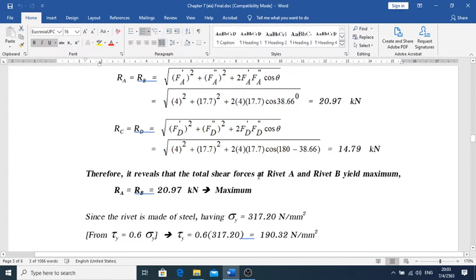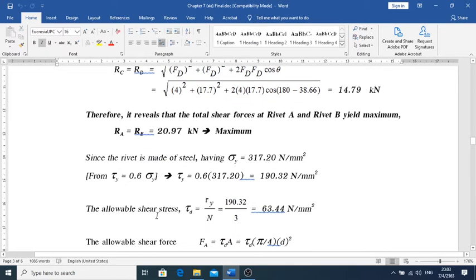It's revealed that the shear force at RA will be maximum, and we found RB is also maximum. So therefore, since the rivet is made of steel, sigma y is 137, and since this is single shear, tau sub y is 0.6 of sigma y, and I find tau sub y is 190 point something.